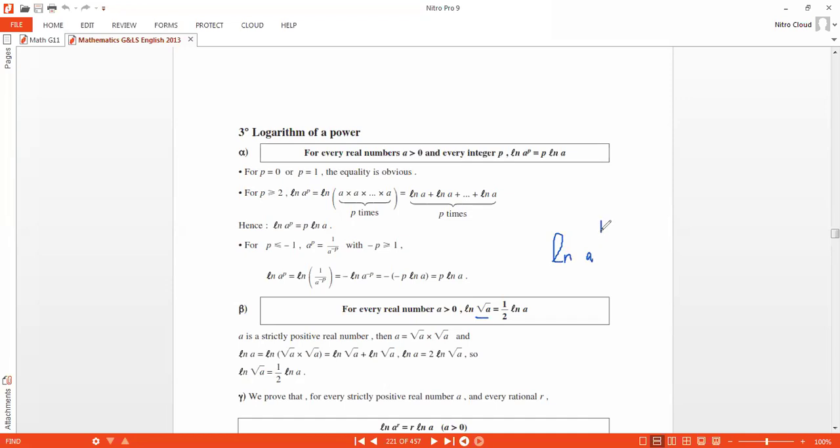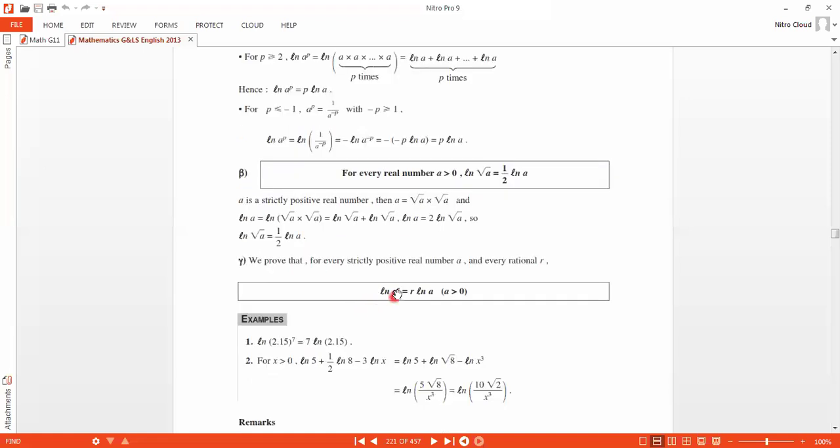You know that the radical is to the power half. And now you put the power down, so half ln A. So as a conclusion, we have that ln A^r equals r ln A under the condition that A is positive.